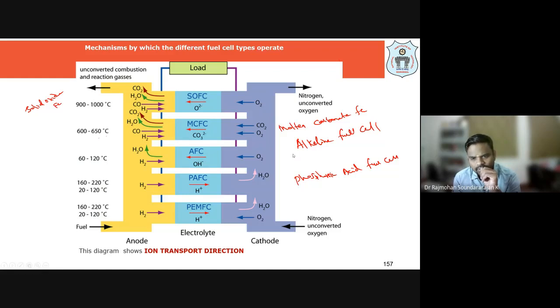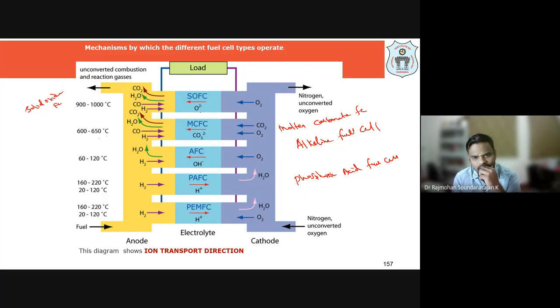Accordingly, we are going to have different reactions taking place at the anode and the cathode, which you should be able to explain in detail. Okay. In the case of molten carbonate fuel cell, it is the carbonate ion which is passing through the electrolyte. Whereas in solid oxide fuel cell, it is O2 minus which is passing through the electrolyte.